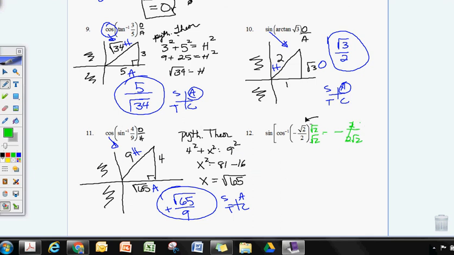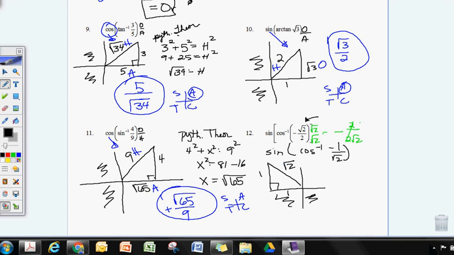So this problem really is the sine of the cosine inverse of negative 1 over root 2. Cosine is built in either quadrants 1 or 2. It's negative, so I'm building it in quadrant 2. I have my adjacent 1, my hypotenuse root 2, missing side is 1.